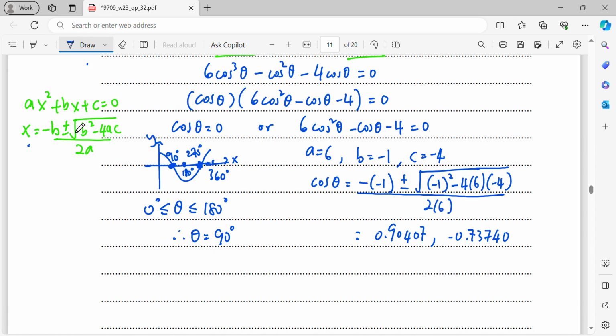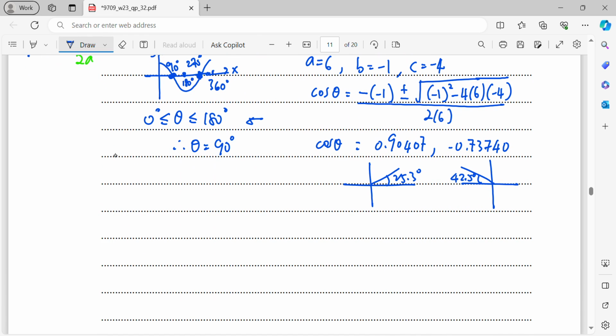Okay, so now when you look at this interval, theta from 0 to 180 degrees, when cos theta is positive, I will get the angle in the first quadrant. And when cos theta is negative, I will get the angle in the second quadrant. Alright, so for the first quadrant, inverse cos of 0.90407, you will get 25.3 degrees. And the next one is going to be 42.5 degrees.